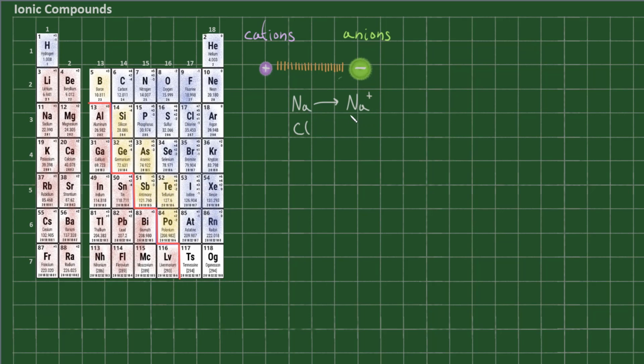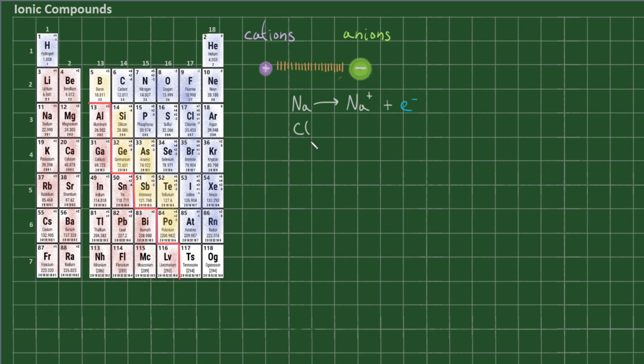Okay, so on the right I will have the sodium cation, but I will also have an electron. Note that the overall charges are balanced. On the left I have a neutral sodium atom, and on the right I have a positive sodium cation and an electron. Overall, the right-hand side is also neutral. It has one positive particle and one negative particle.